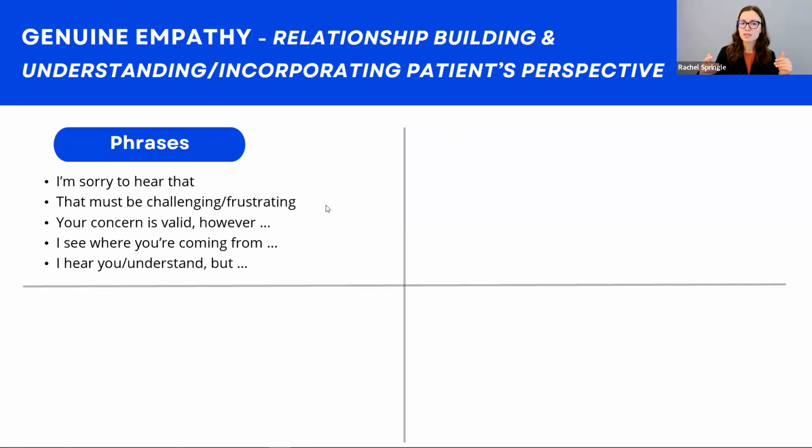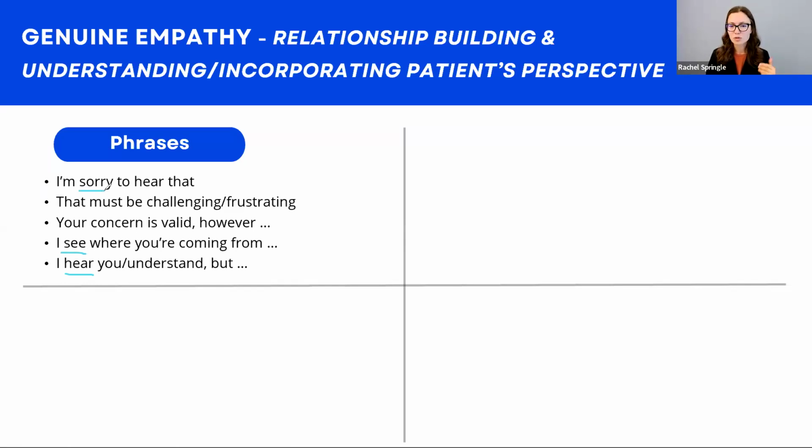The first one is have some phrases that you feel comfortable expressing in a genuine way. There's a lot of options here, and you may add more to this list, but very commonly in English, we typically will use things like your senses. So I see or I hear.